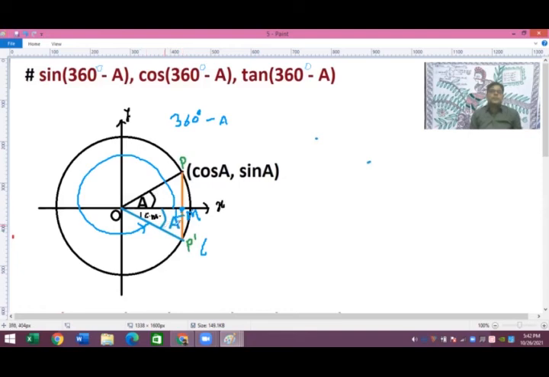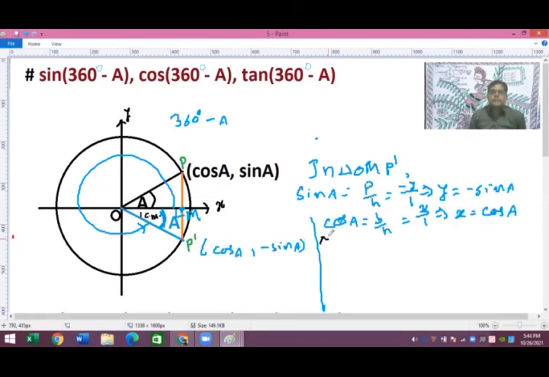So in this case, in triangle O, M and P dashed, this sort of thing is already known. Here you can find it is sin A, meaning we are talking of this angle A.